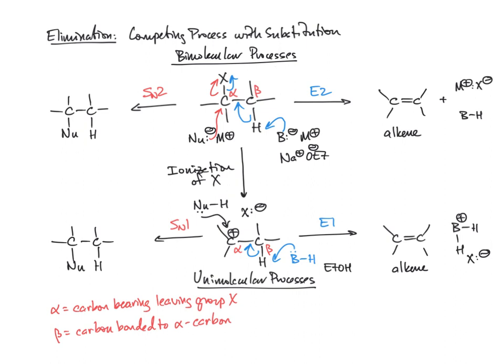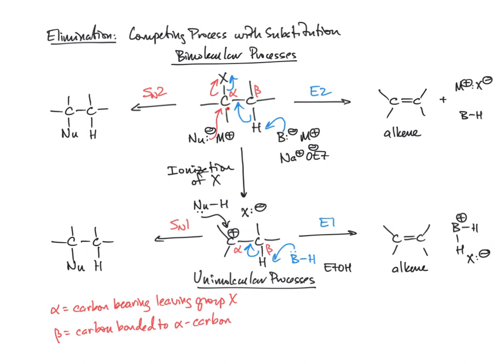So what you have to consider now, as a student learning this, is you are given a substrate, and you have to determine, okay, a decision point. Based on the substrate, is it going substitution or elimination? And you have to determine, of those, is it bimolecular or is it unimolecular?